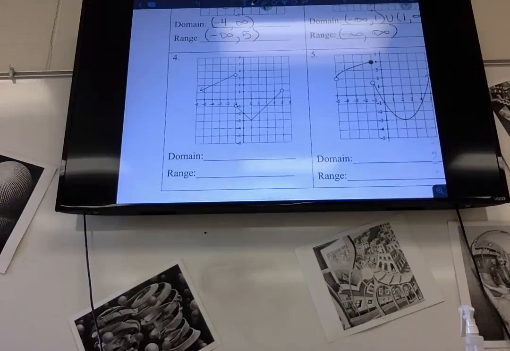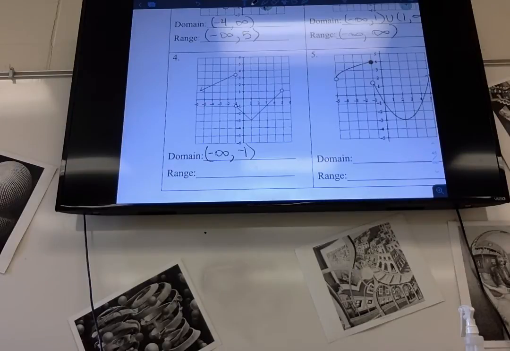Let's look at number 4. Left to right. From the left, my farthest to the left, negative infinity. To where do I need to stop, or can I go all the way? Negative 1. That's right.